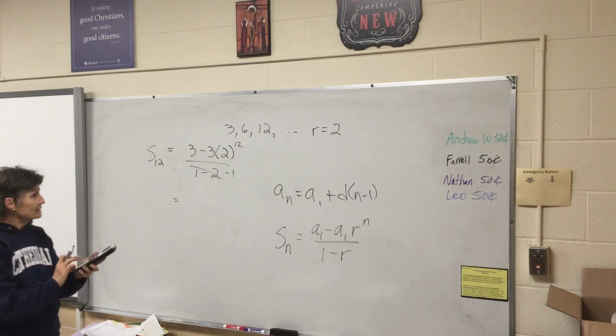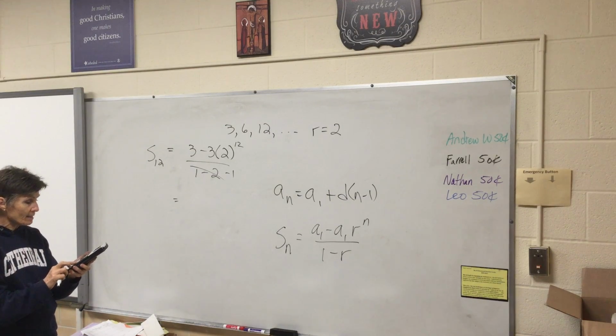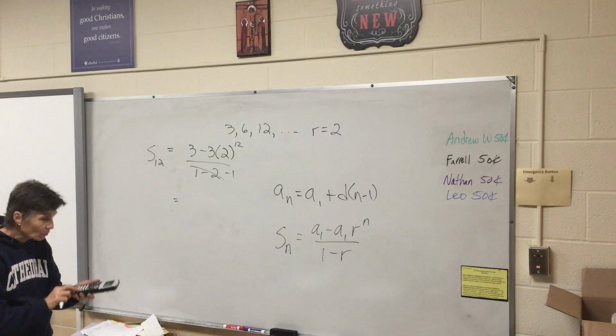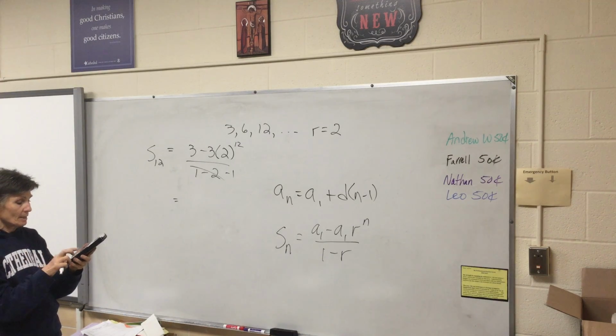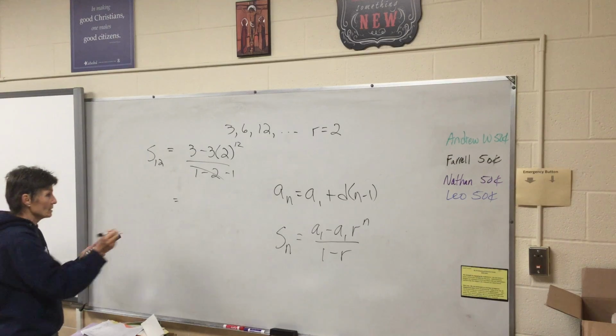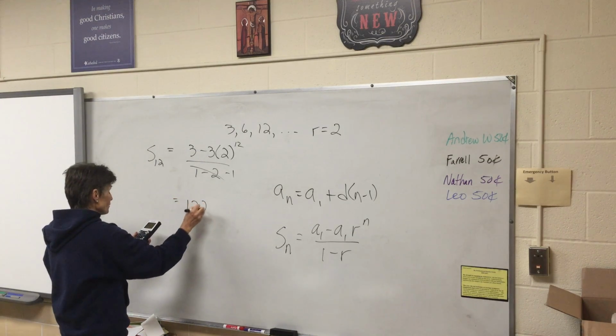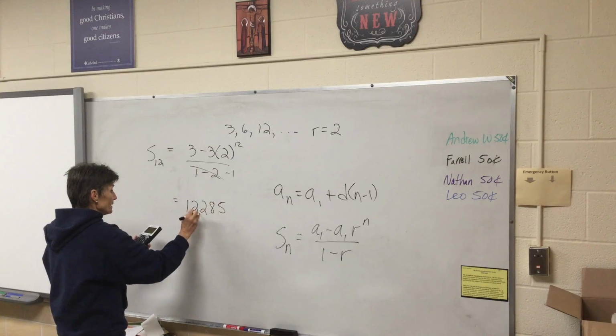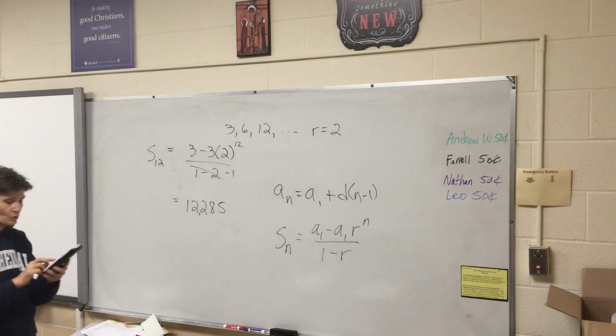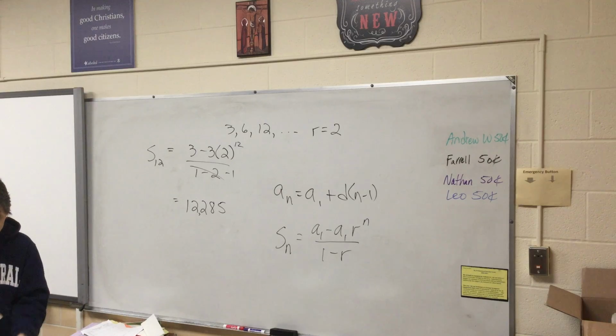So now we definitely need a calculator. 3 minus 3 times 2 raised to the 12th, equals, divided by -1. If you have your calculator, would you type it in and see if you get 12,285?